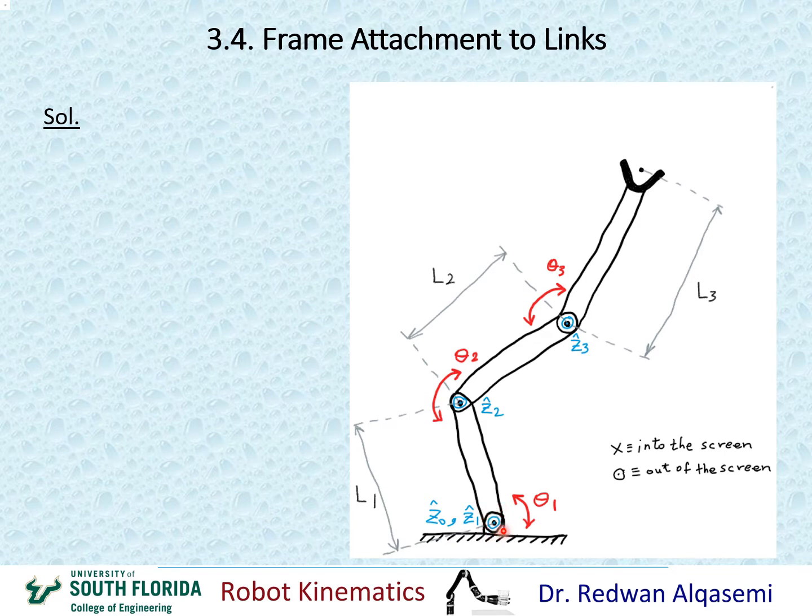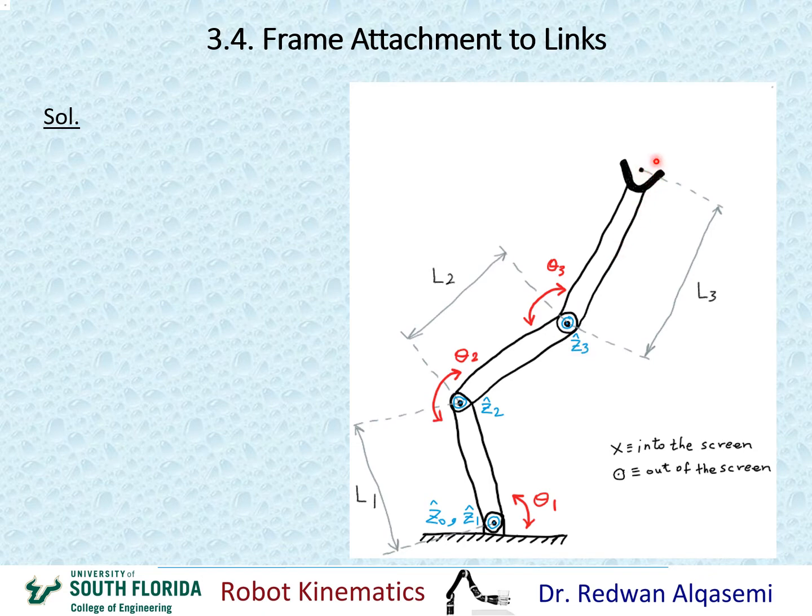All right, and then for the last frame, frame 4, I can assign this arbitrarily, but because I would like the twist angle to go to 0, that means I can assign Z4 to be the same direction as Z3 at this location.